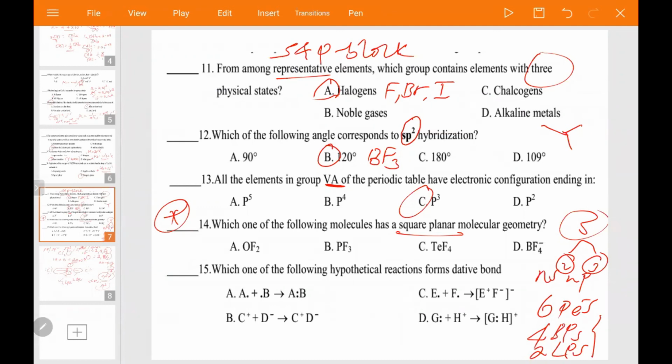I think C መሰለኝ, ቼክ አድርጉ. The total number of electron pairs are 6; among the 6, 4 of them are bonding and 2 are lone pairs.